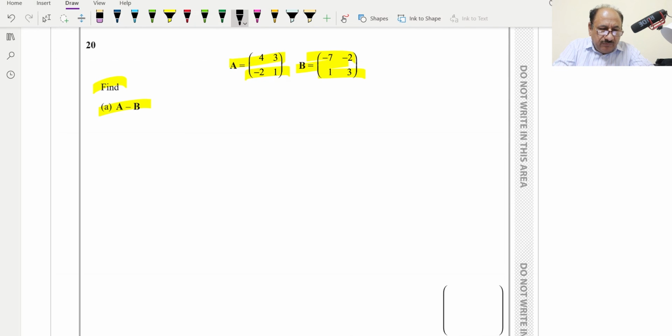A minus B will be what? A matrix 4, 3, minus 2 and 1, and minus B matrix minus 7, 1, minus 2 and 3.